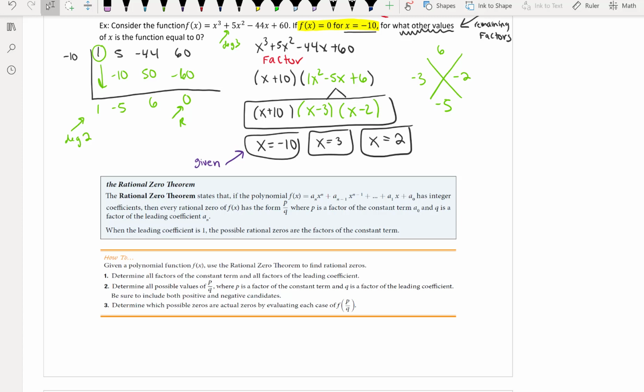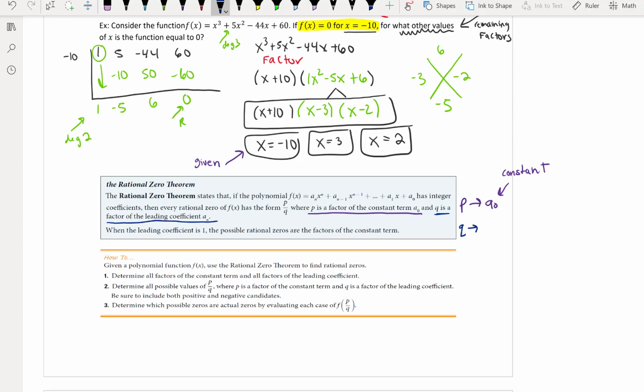Well, the most important thing to take from this, I think, is that p is a factor of the constant term a naught. So p corresponds to a naught, where a naught is the constant. And we also have that q is a factor of the leading coefficient a n.